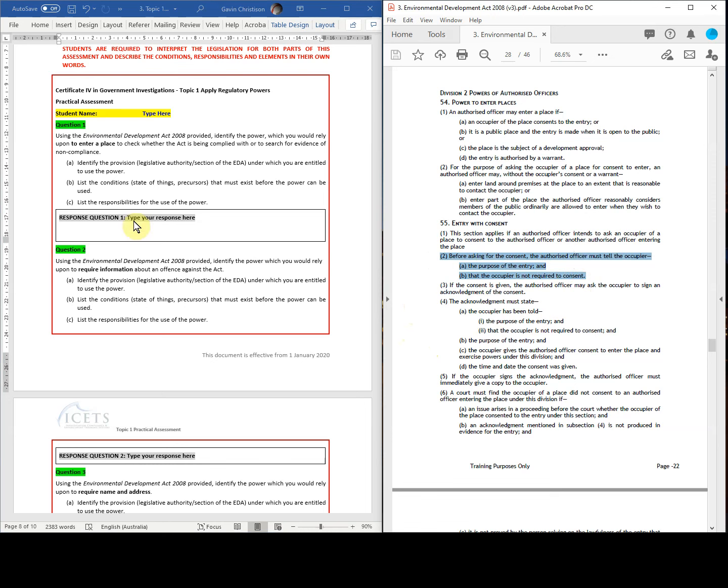So in our responsibilities, in our response here, we have the responsibility to notify the occupier of the purpose of the entry, and that the person is not required to give consent under section 55 subsection 2.